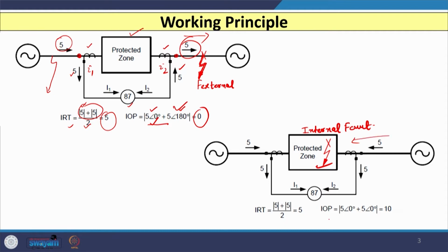So both I1 and I2 are 5 angle 0 and your operating quantity comes out to be 10, whereas your restraining quantity remains 5. As the operating quantity is greater than the restraining quantity, this digital relay operates.